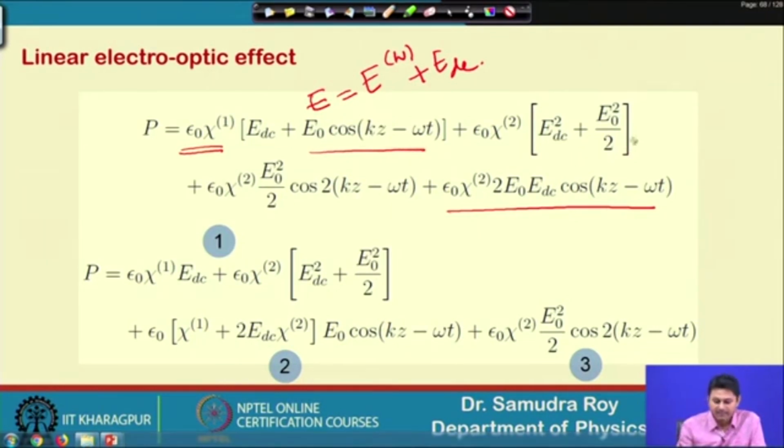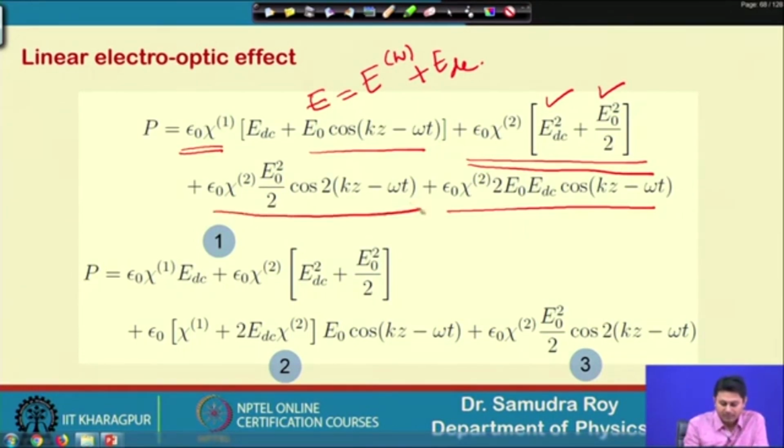Then I take common all the terms which do not depend on the frequency. So, this is the term where E_DC square is there, and E0 divided by 2 is also there, because both terms do not depend on frequency. So, this is the term with no frequency dependence, and then we have one term where the frequency is 2 omega.